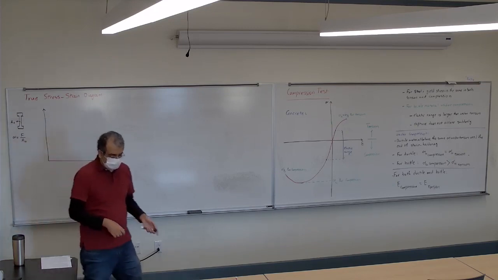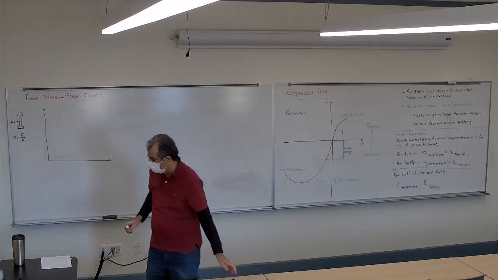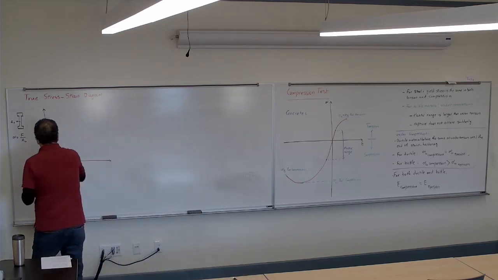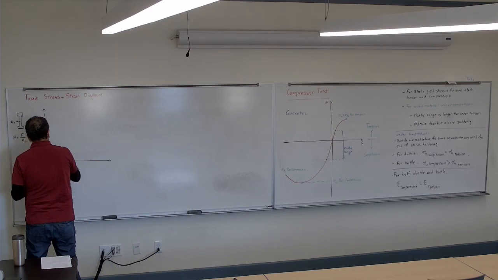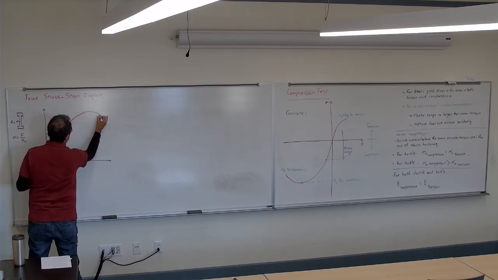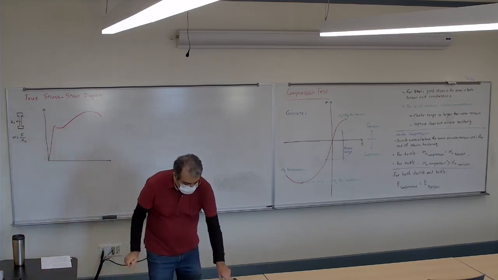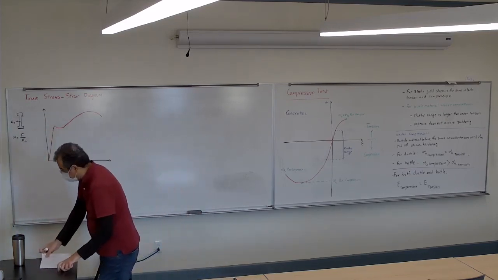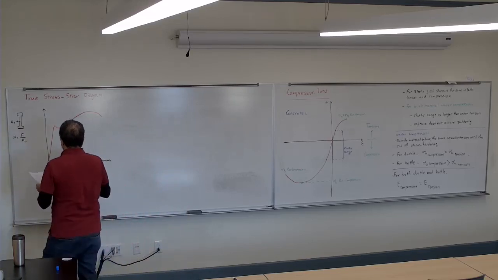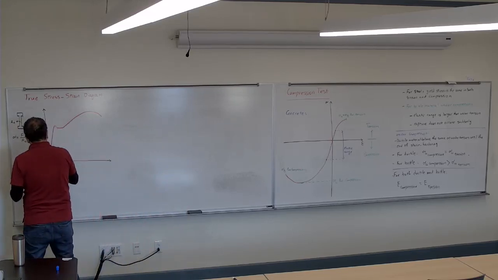If this is the original one, it goes up. The true one is going to go like that. The true one goes the same as this one, and comes here.